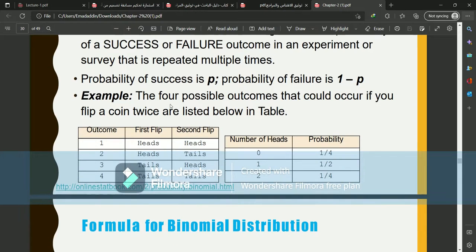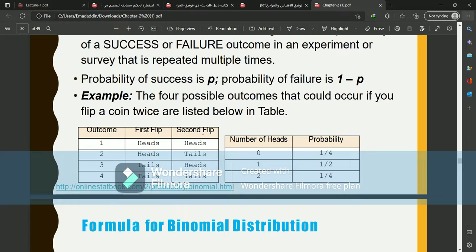Example: the four possible outcomes that could occur if you flip a coin twice are listed below in a table. 1, 2, 3, 4. The first flip: heads, heads, tails, tails.